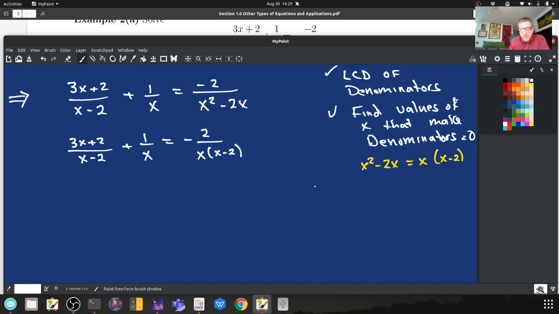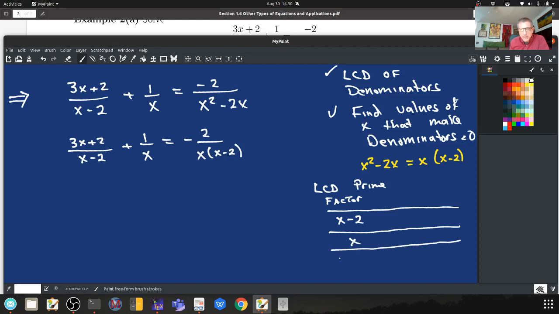So what we do to find the LCD is we look at all of the prime factors. So I have x minus 2, that's prime. X is prime.